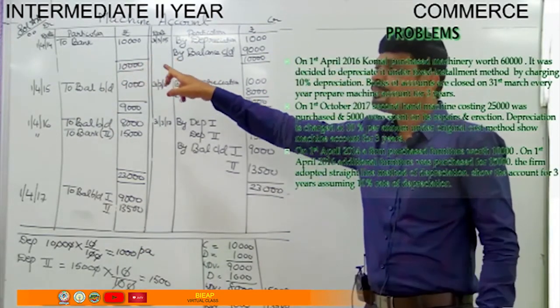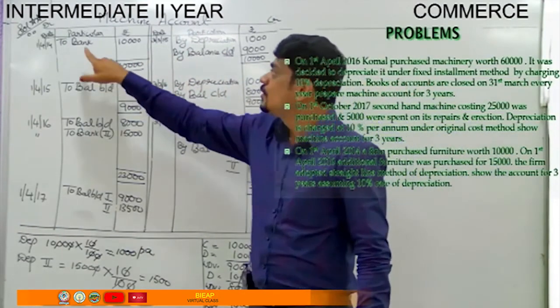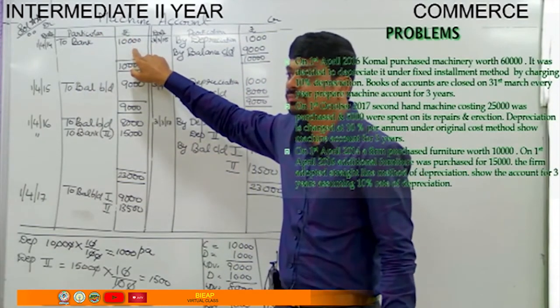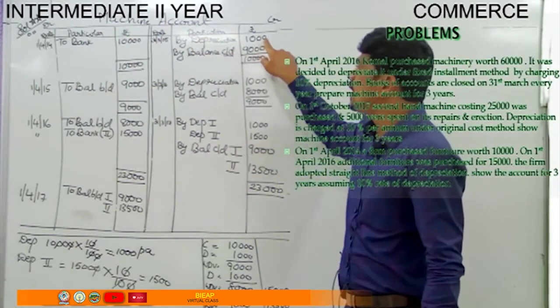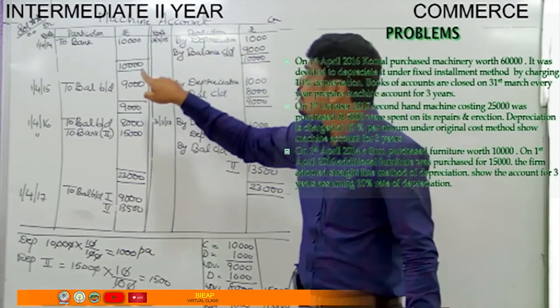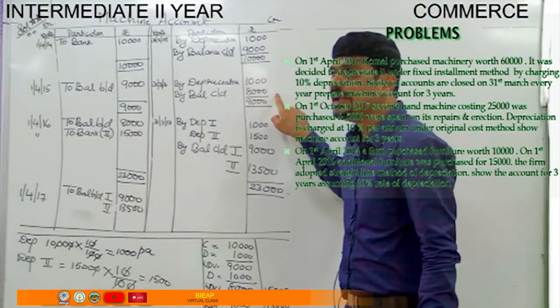Let us see the solution once again. 3rd question. Bought first machine for 10,000. Depreciation 1,000, 9,000 written down value. Brought down. Again charged 1,000. Brought down 8,000.